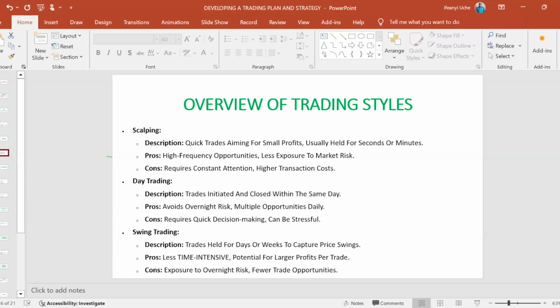Talking about overnight risk, I think it was in 2012 or 13, if I could recall very well. 2012, I think. If not 12, it will be 11. There was an earthquake in Japan, March 2011.